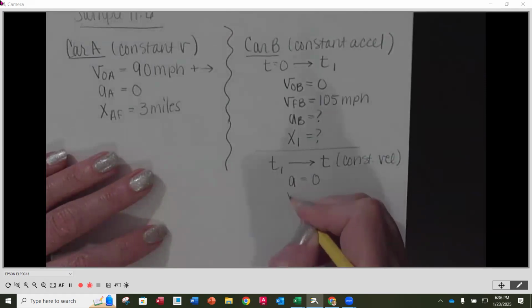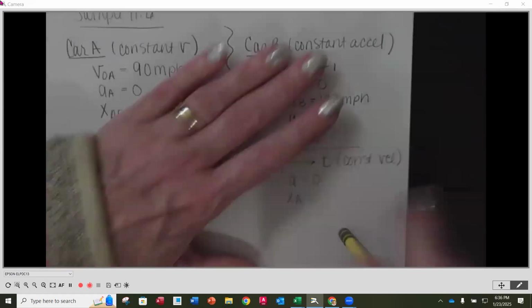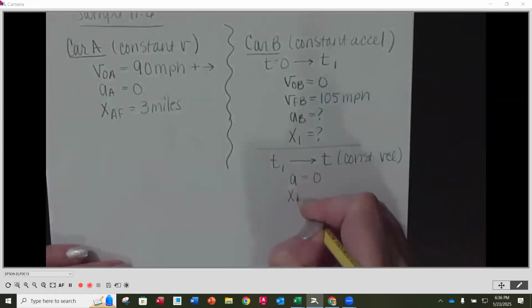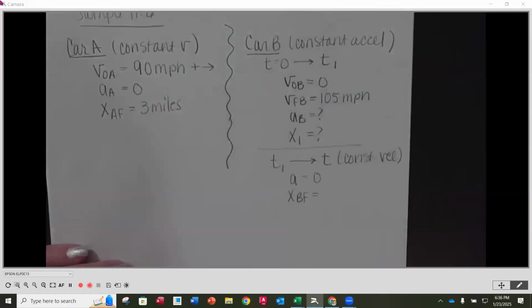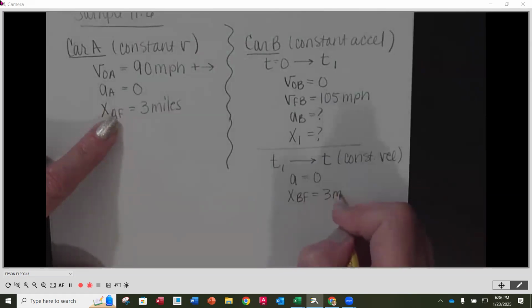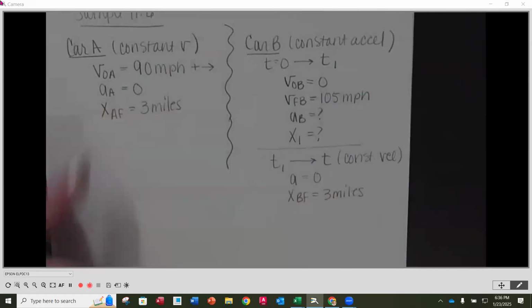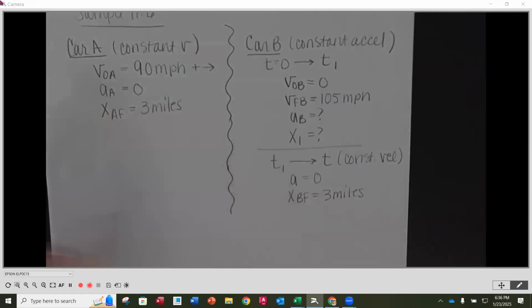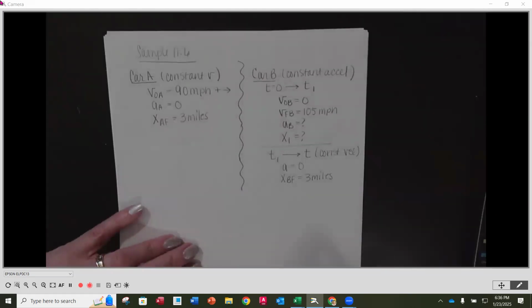And then the overall final distance B final, because they're going to catch each other, is going to be the same here. So this is going to be 3 miles. So those are our givens.